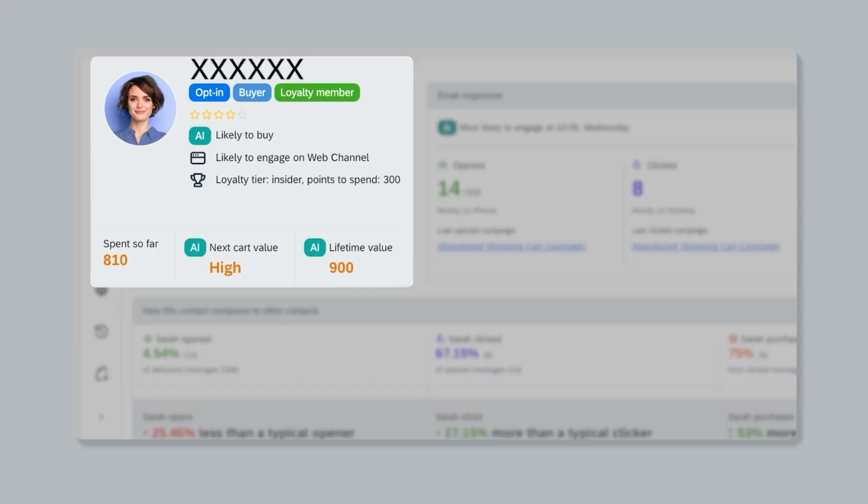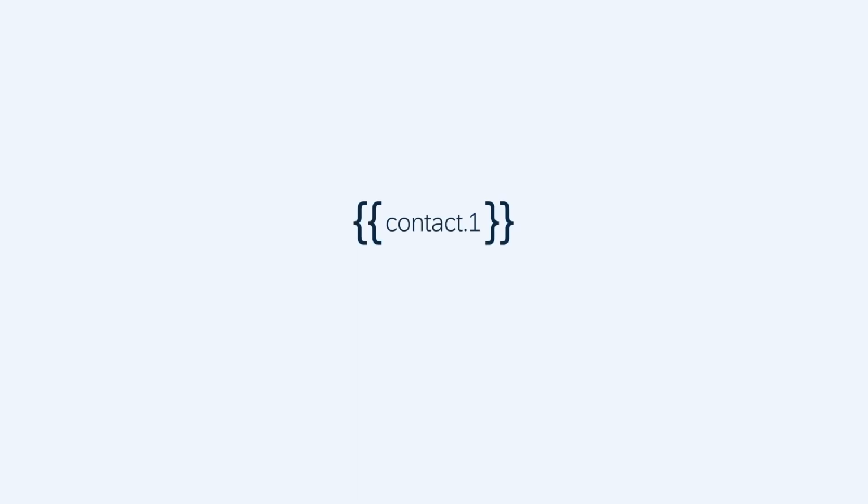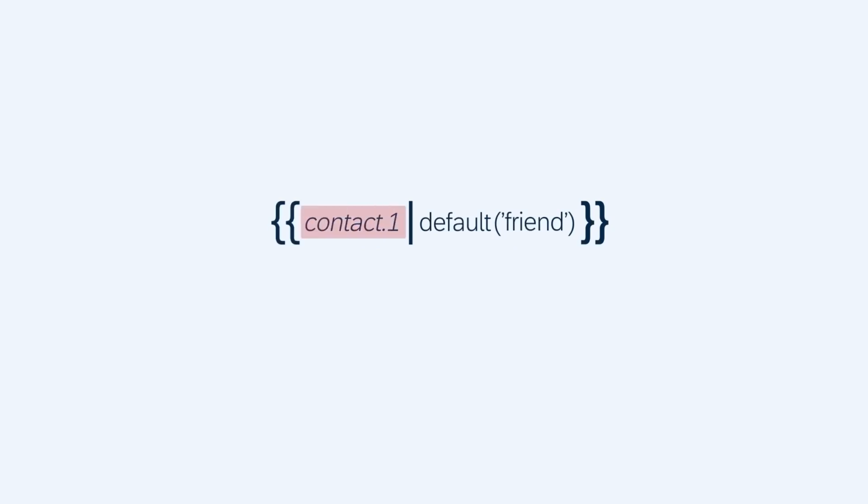A filter is a particular rule for an expression. Use a pipe character when you want to include filters in the expression. I'll take the first name example again. In case you don't have the customer's first name, you can display a fallback text by using the default filter. So if the first name field has no value in the system, display friend instead.